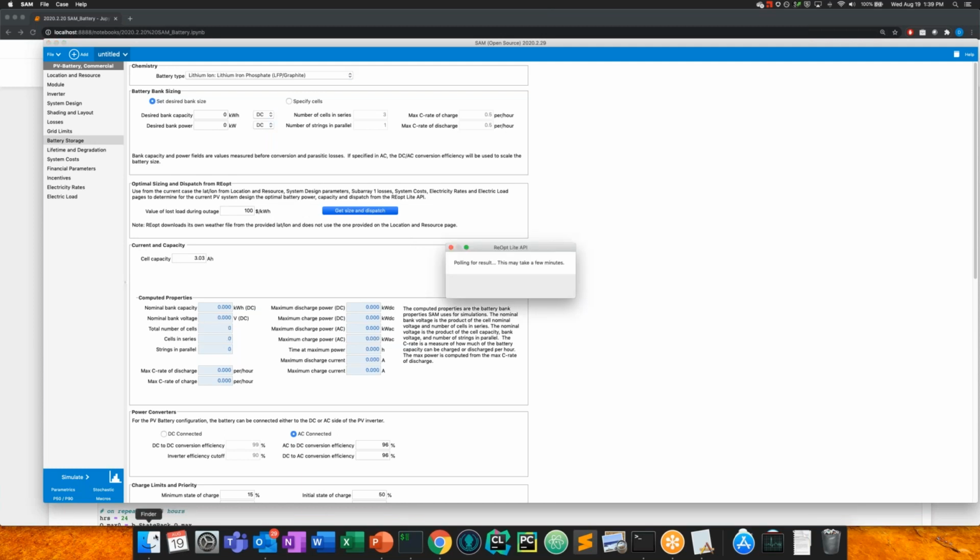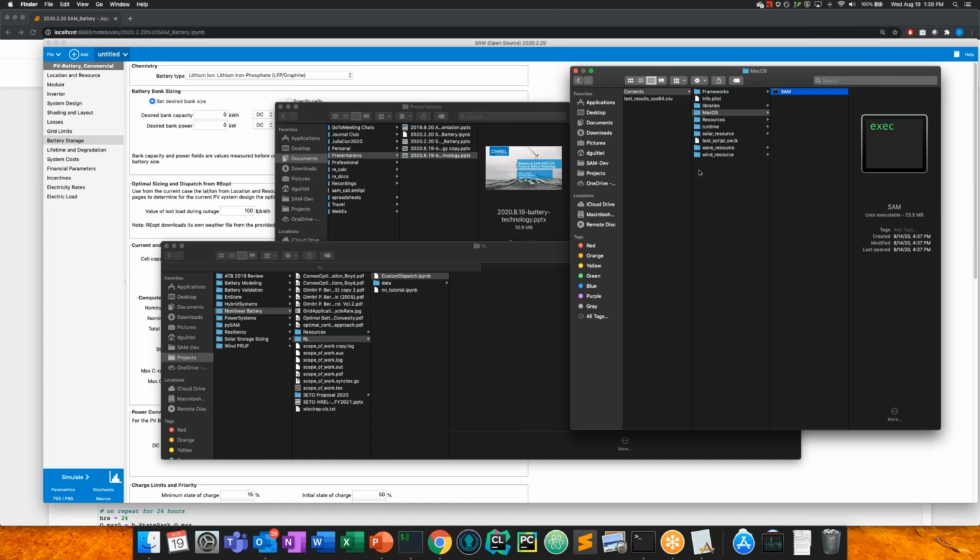Okay, so what I meant to do was to open a new instance of SAM so that we can walk through the steps.